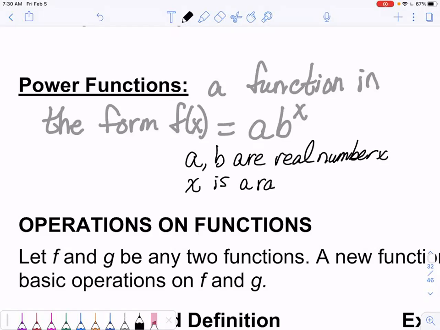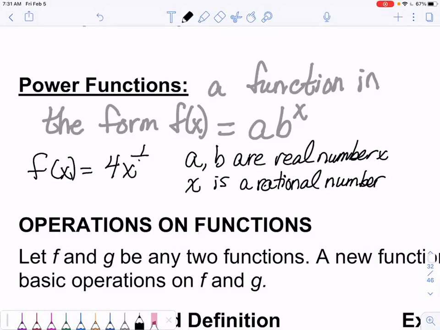X is a rational number, which are the numbers we've been working with. So just as an example, we may see something like 4x to the 1/2.